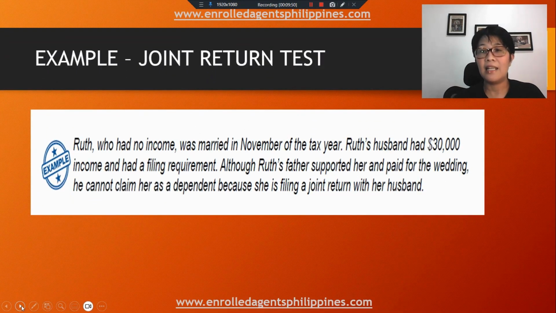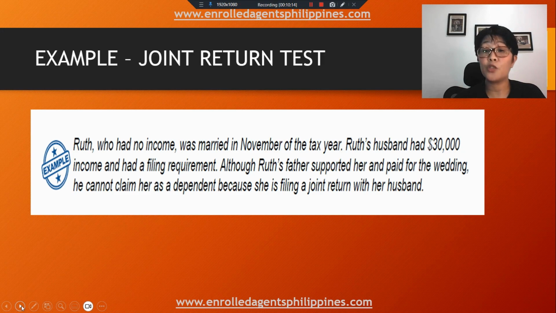okay, let me give you an example ng joint return test. By the way, guys, ito nasa publication lang 4491, you can always check in details. So, Ruth had no income, was married in November for the tax year. Ruth's husband had $30,000 income and had a filing requirement.